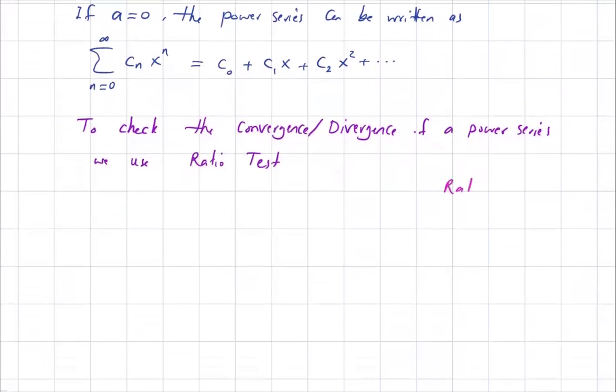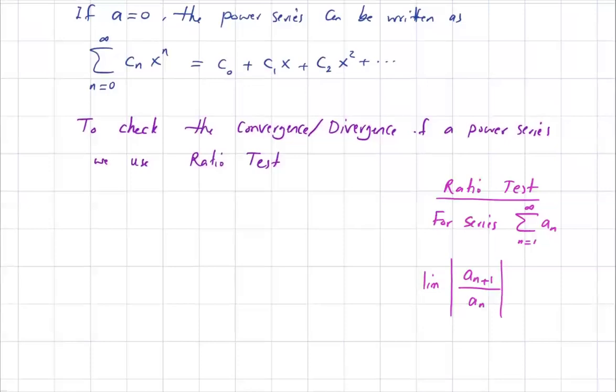In the ratio test, if we have a series, the summation of a sub n starting from 1 going to infinity, you take the limit of the absolute value of a sub n plus 1 divided by a sub n as n goes to infinity.